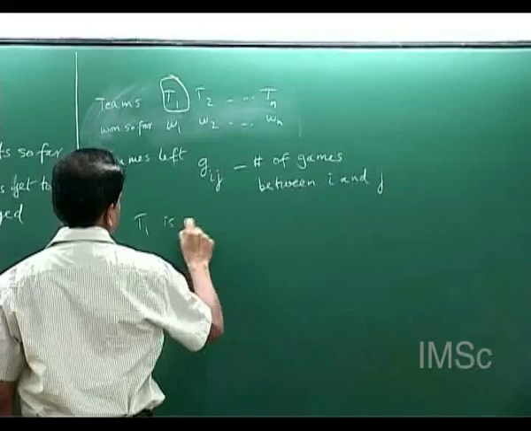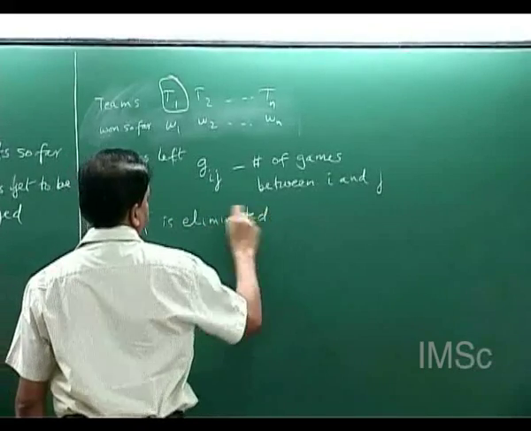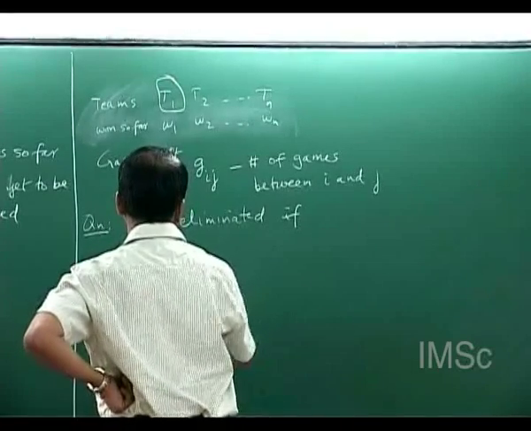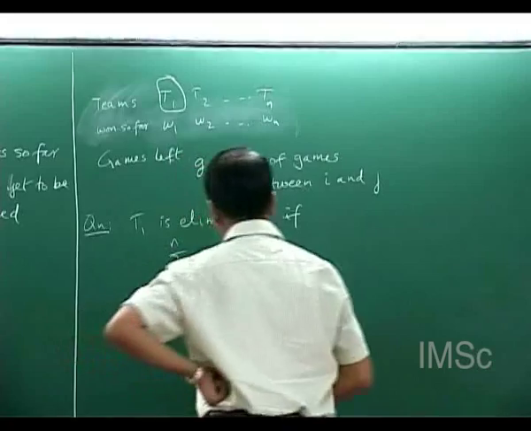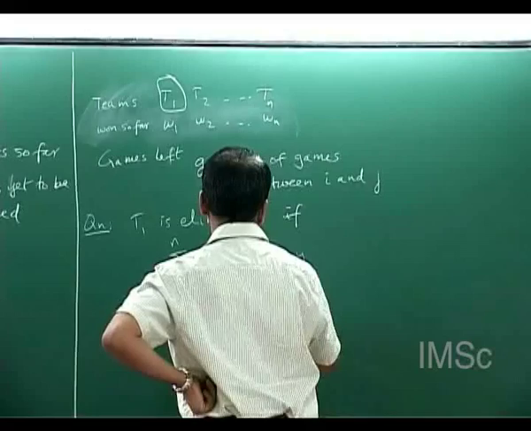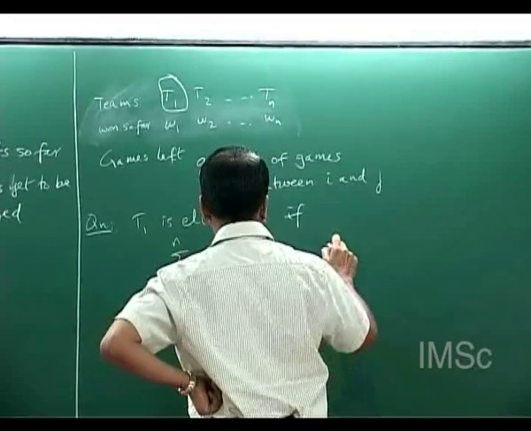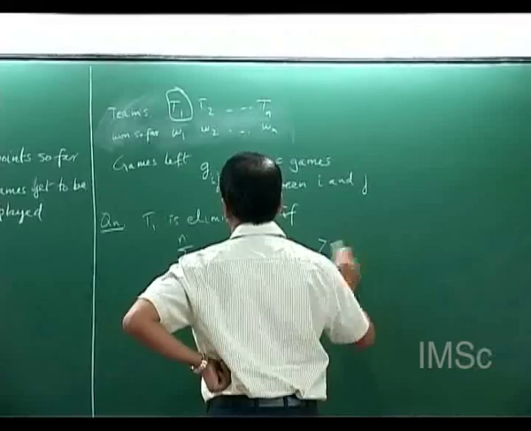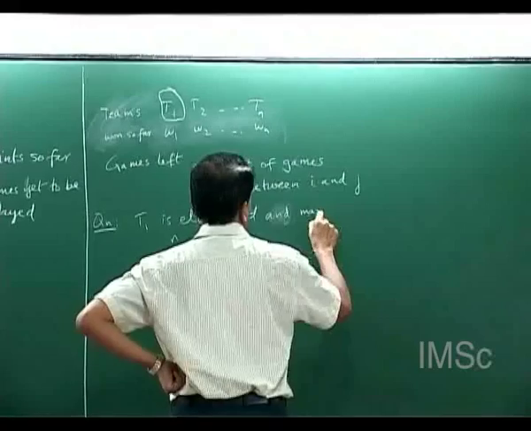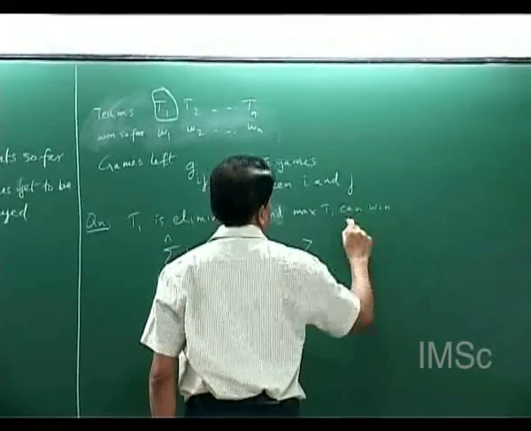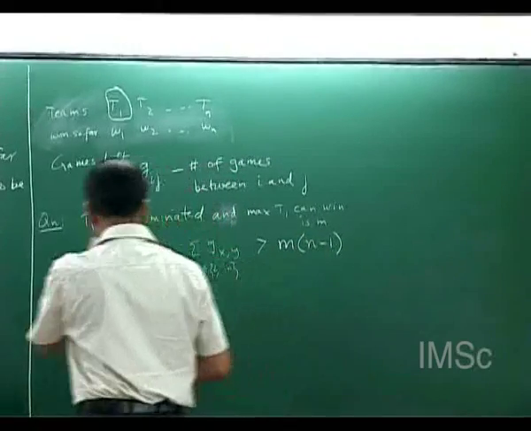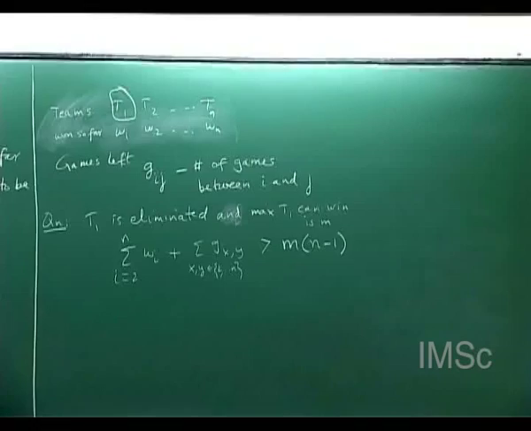So T1 is eliminated if the summation of Wi, i equal to 2 to n, plus the summation of Gxy, where x,y are in 2 to n, is greater than... let us say T1 can win at most m games... m times n minus 1. So this is the general statement.